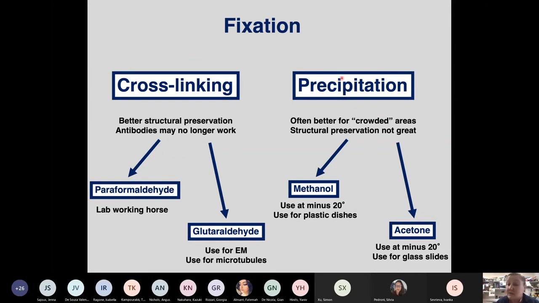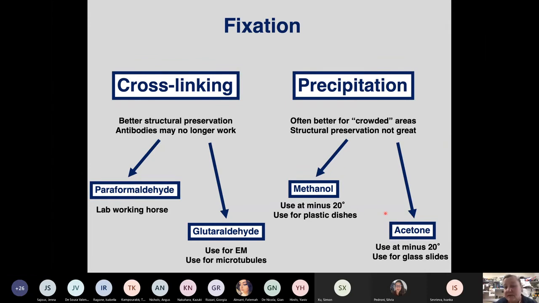It can also be an advantage for crowded areas to use precipitation, but you would never use a methanol or acetone fixed sample and go with it to the electron microscope, because it would just look like a graveyard.